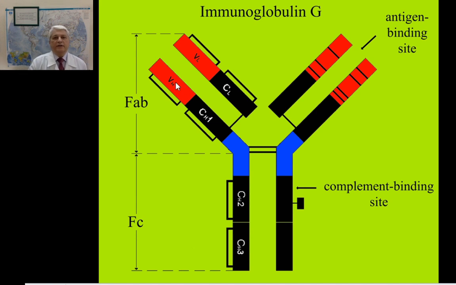Different domains, for example, VL and VH, can interact with one another with hydrophobic bonds, as well as CH1 with CL and CH3 with CH3.